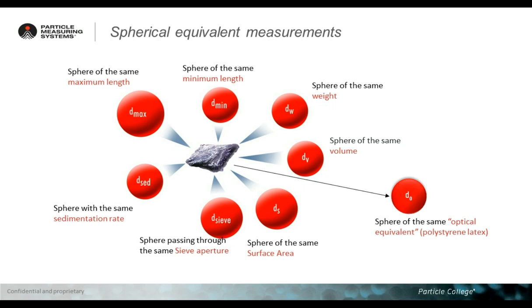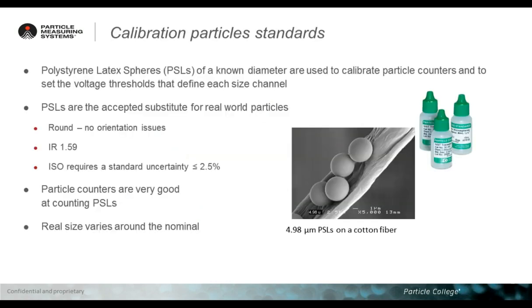What we use is what is called an optical equivalent. These are polystyrene latex spheres, and I'm pleased to show you an image of how they look. Here in this slide, on the right side, you can see a bottle containing particle standard, also called PSL particles. And in this little image, you can see four little 5-micron particles on a cotton fiber.